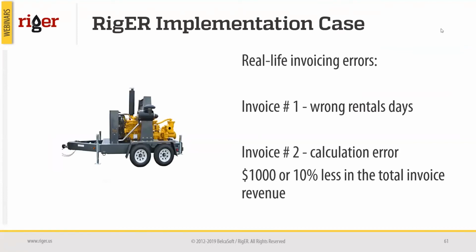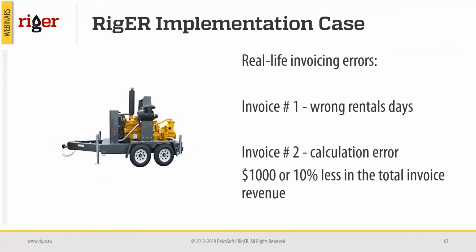So the company just lost some of the rental days from the rental period. The next invoice just missed $1,000 of revenue out of almost $10,000. So the company lost about 10% of revenue on one invoice, because it was generated and calculated manually.